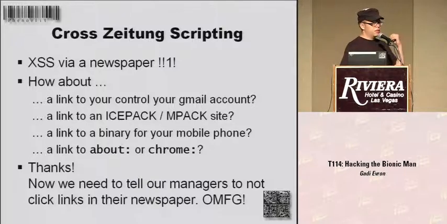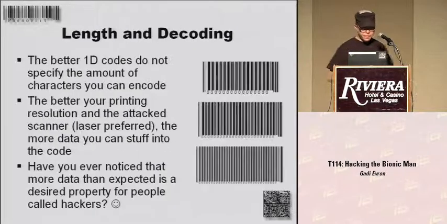How about just renting very little advertisement space and then pointing it to an IcePack or MPack site or whatever exploitation framework you use against browsers and mass owning managers. Now great, we have now to tell our CEOs they should not click on images in their fucking morning newspaper. Thank you. There is another great property of barcodes.